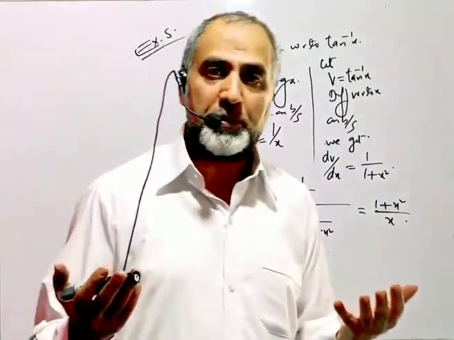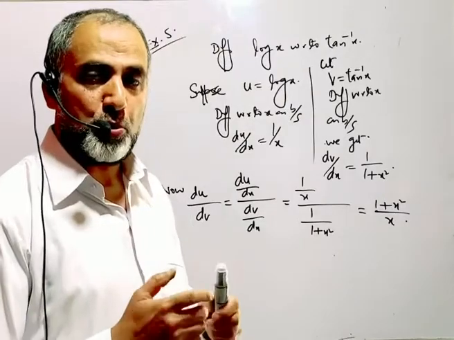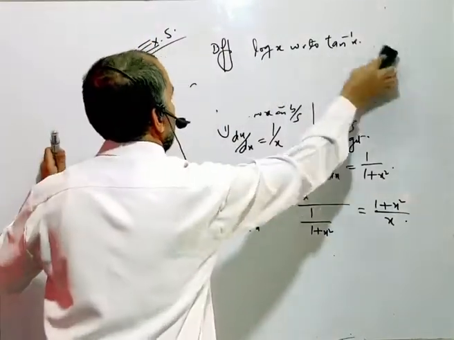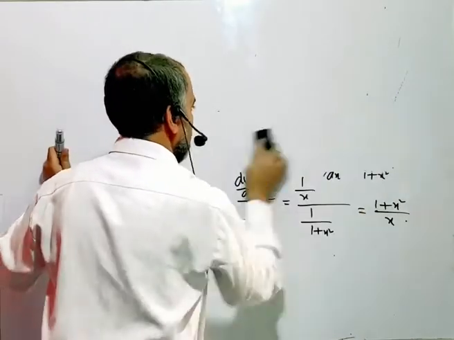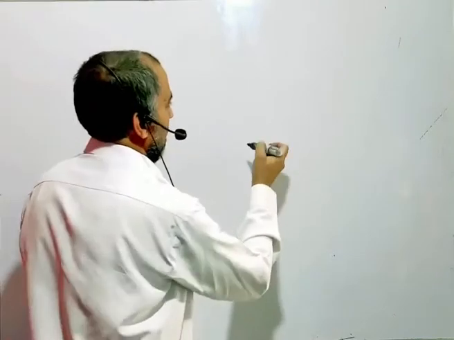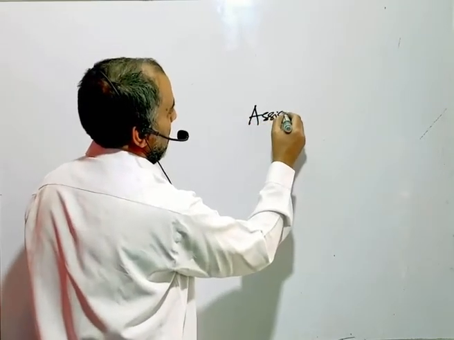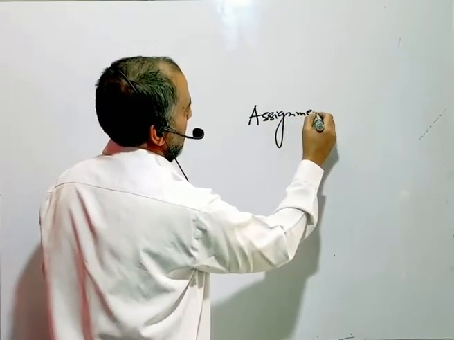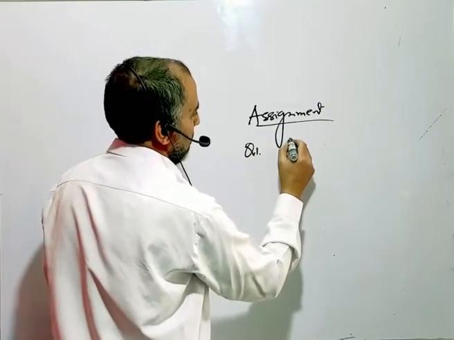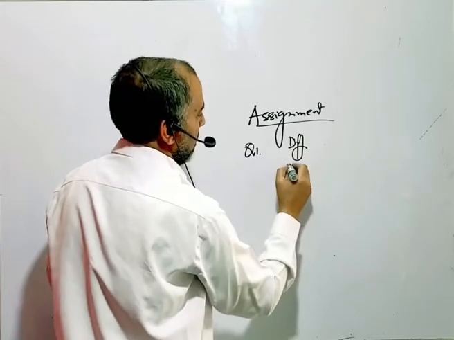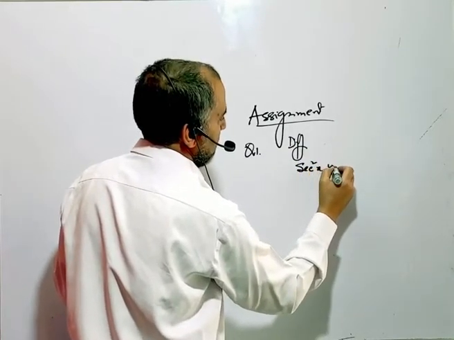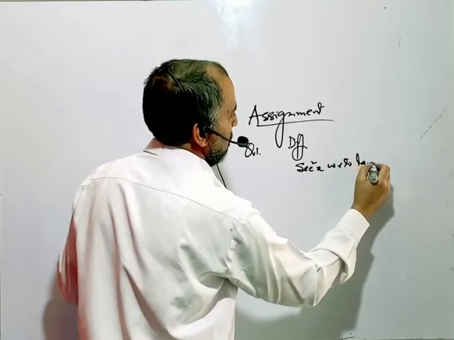I'll give some assignment questions. You can try those questions at your place at home. Assignment. Question number first. Differentiate sec square x with respect to tangent square x.